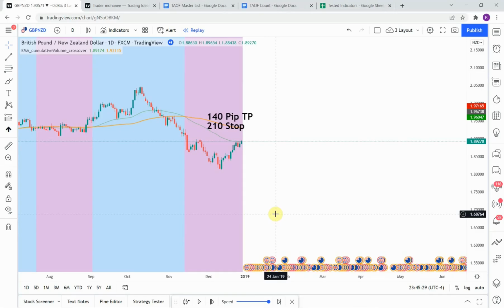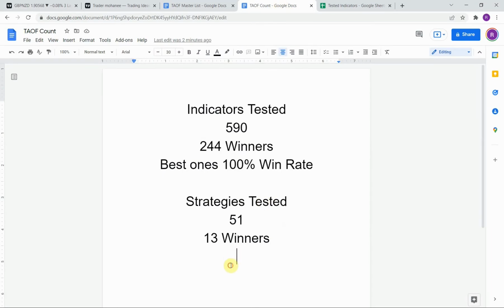Alright, as I said, today we will be testing the EMA Cumulative Volume Crossover. But before we do, I wanted to put the testing scoreboard up for everyone to see. So, to date, we have tested a total of 51 different strategies, with 13 of them being profitable. We've also tested a total of 590 indicators, with 244 of them being winners.